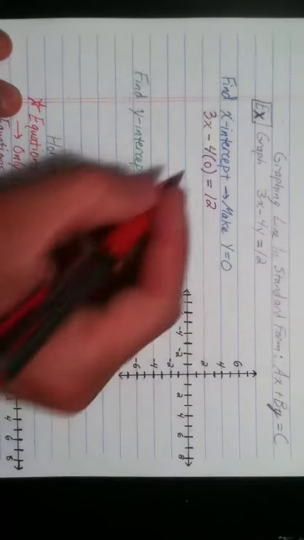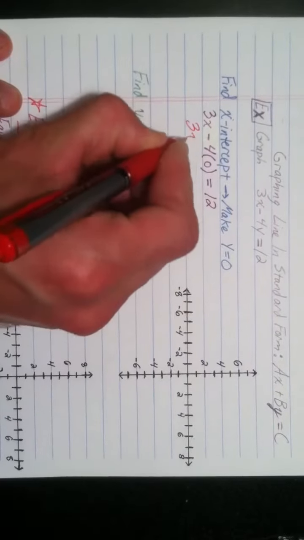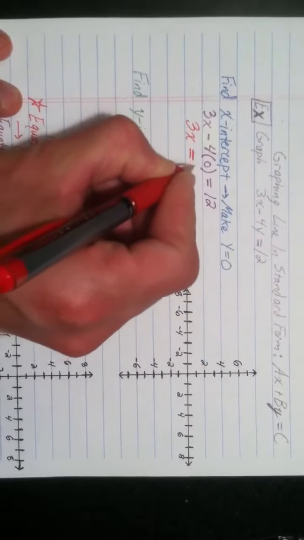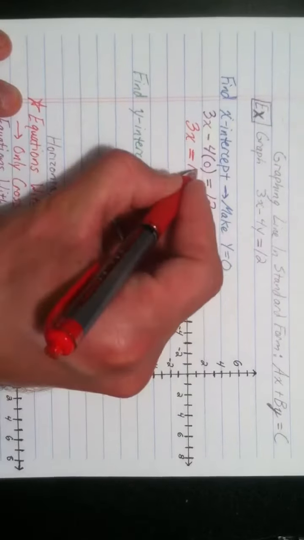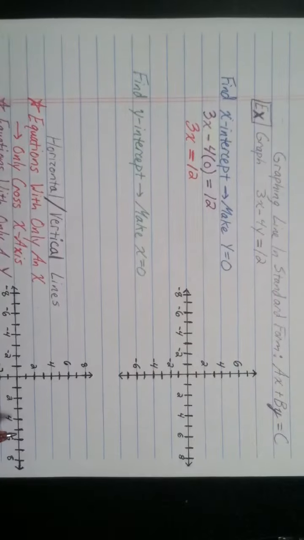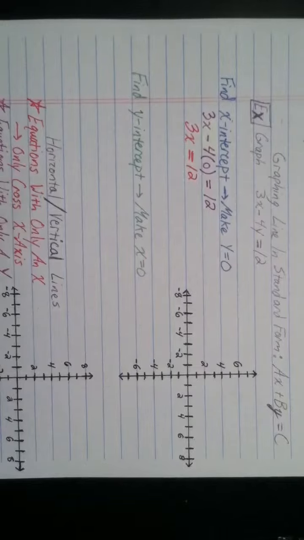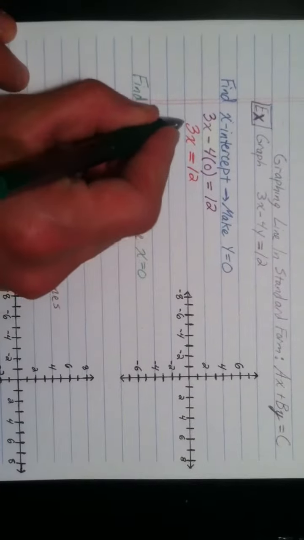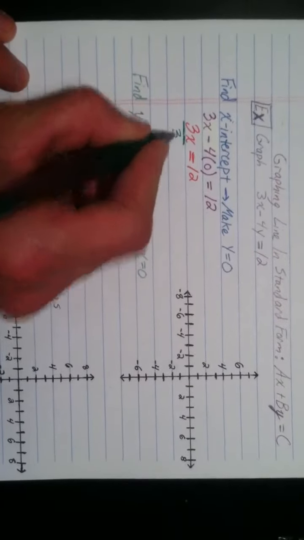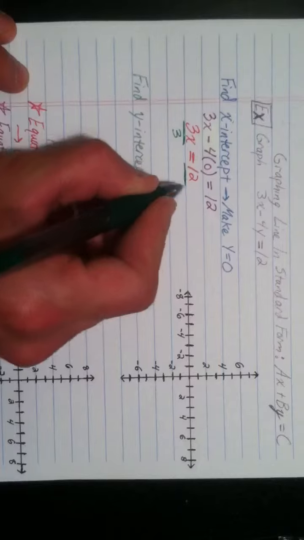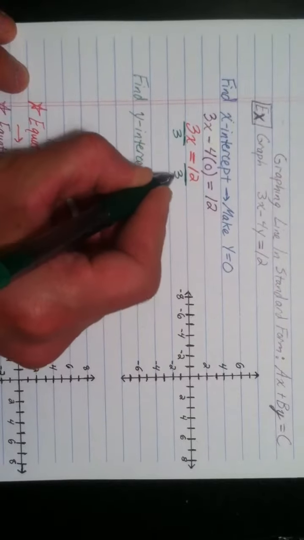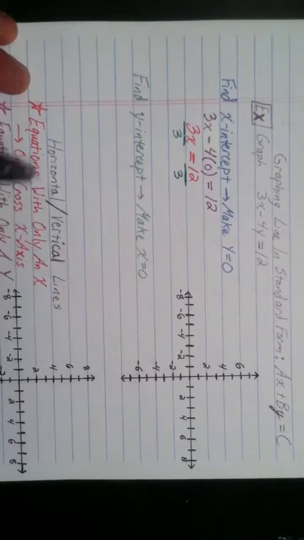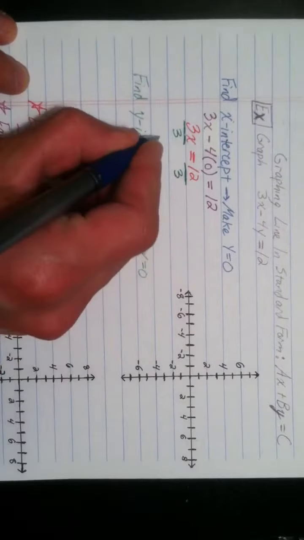So then we have 3x equals 12. The y portion of the equation just completely drops out when we're finding the x-intercept. Last step, all we have to do then to find our x-coordinate, divide by the coefficient of 3 to get x by itself, and we get that x equals 4.